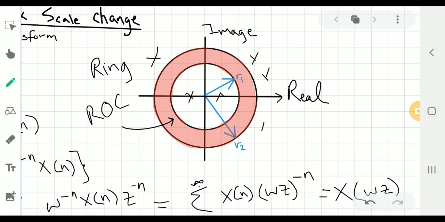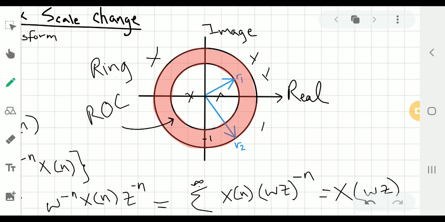One other key important thing that we have to note is that the unit circle has to be within this region of convergence. Remember the unit circle, which is 1. So we can say 1 here, for example, has to be within the region of convergence.